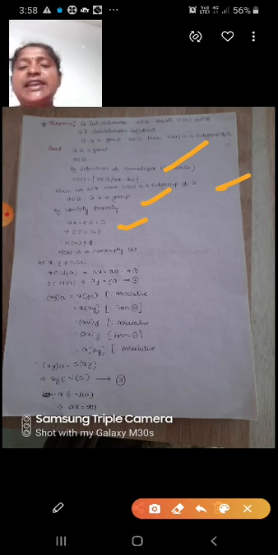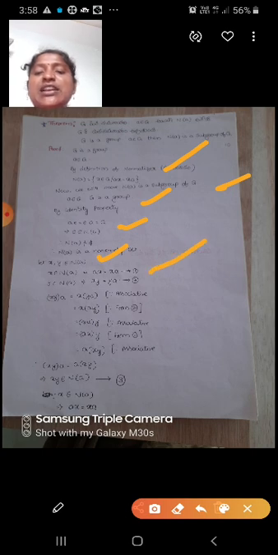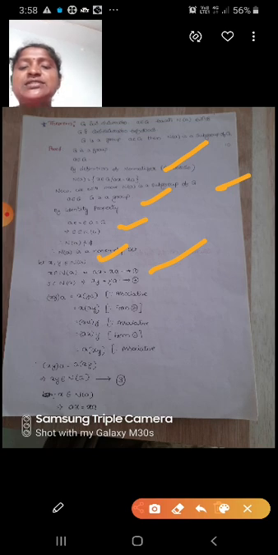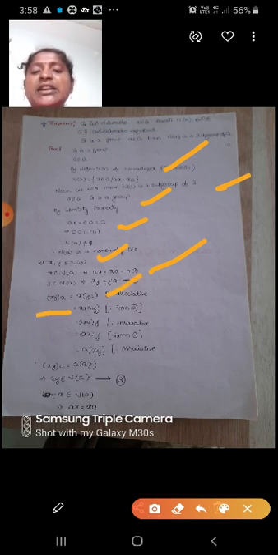Now let X, Y belong to N of A. X belongs to N of A implies AX equals XA. Y belongs to N of A implies AY equals YA. Next, XY into A equals, by associative property, X into YA. That implies YA we can write as AY, so X into AY.